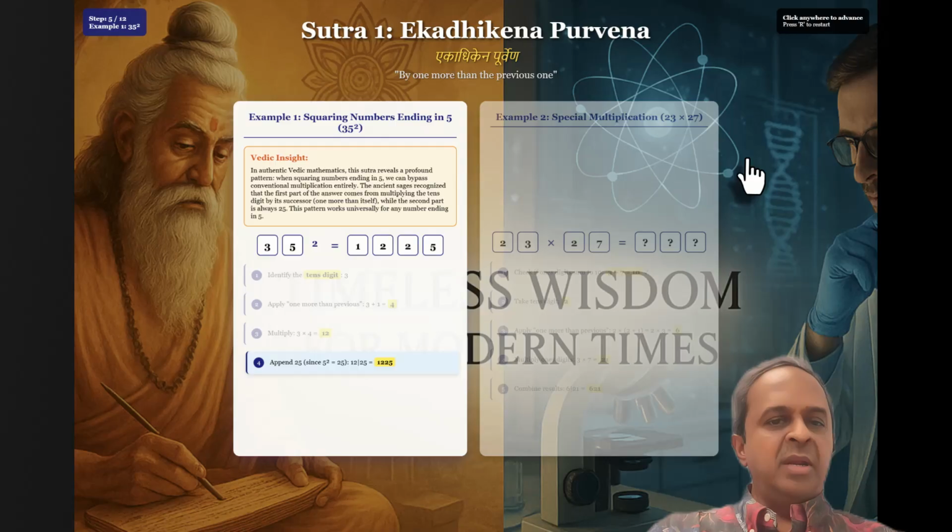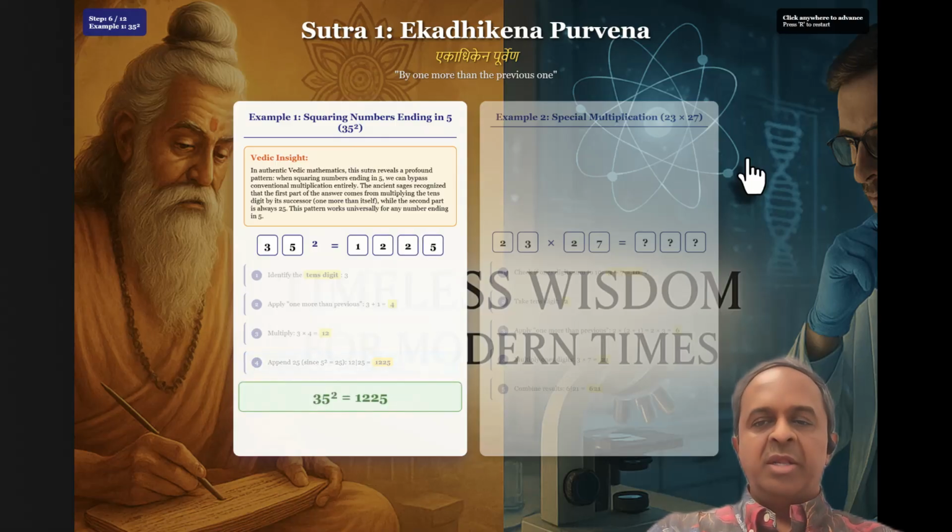Okay, let's look at another example. This example shows another application of this sutra, where we calculate the multiplication of 23 times 27.